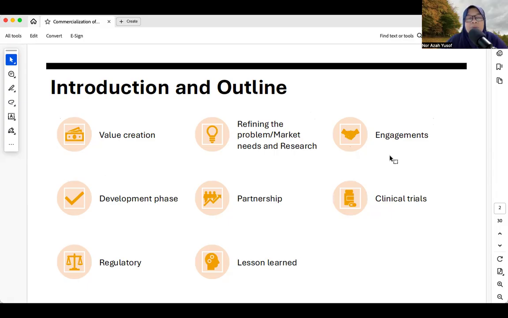Once the value is there, you probably again refine the problem to meet a better value, and then you go back to engagement and you find a few things. And since it is not really being valued, you go back to refining the problem again, refining the design again, because you want to create value.